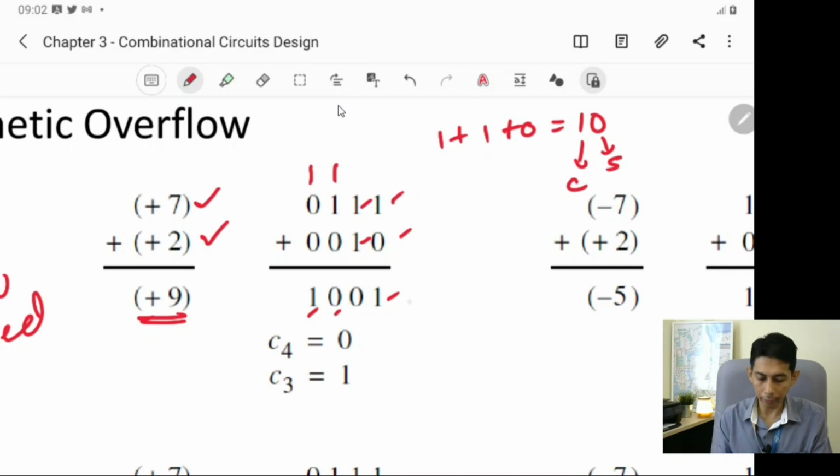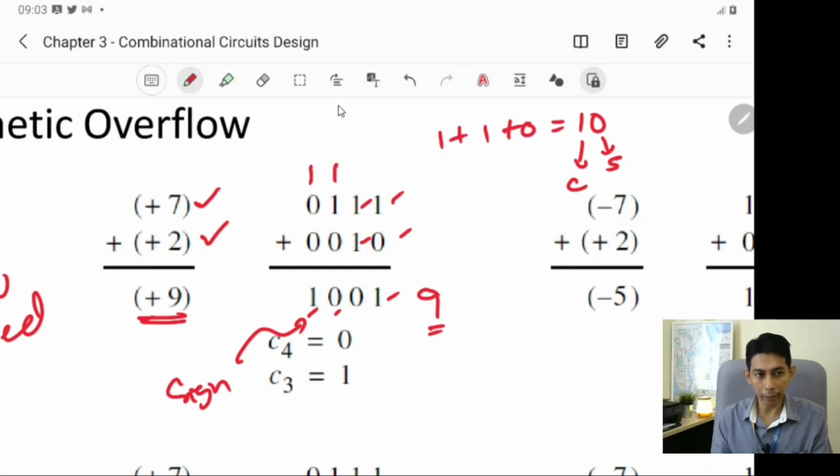And actually, if we look at this, yes, 1001 in digital is 9. But remember that our system is 4-bit. In a 4-bit system, the MSB is the sign bit, and our system will recognize this as a negative number.